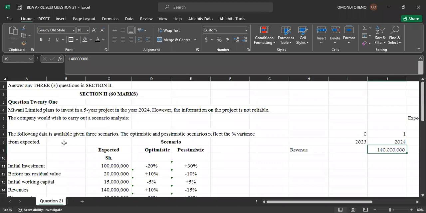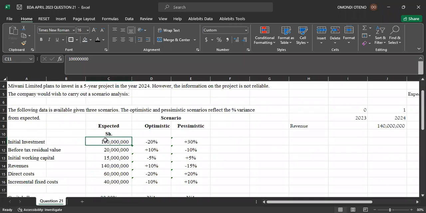As per this question here, we are able to see that initial investment is not having any other costs that are related to it. So it means whatever we are going to depreciate is 100,000 for expected.